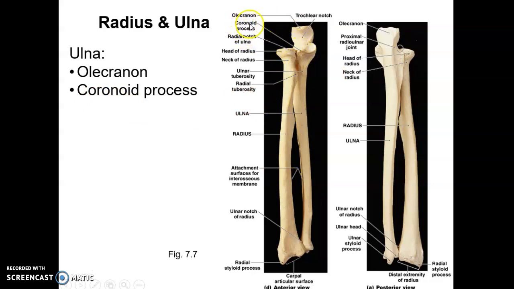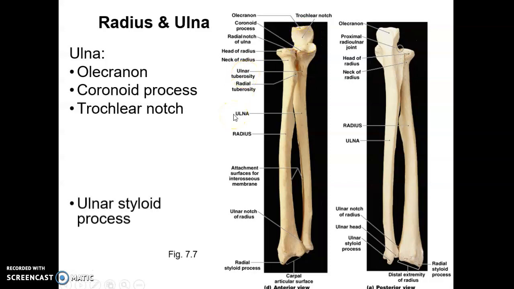So coronoid with an N, ulna with an N. Remember the scapula with the C has the coracoid process. Trochlear notch: this is the notch on the ulna that fits the trochlea on the humerus.